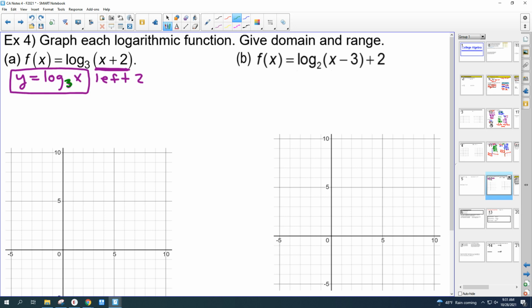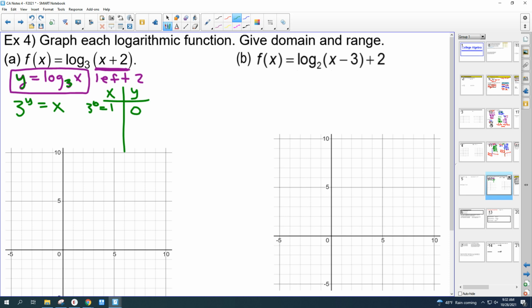I've got a base 3 equals the exponent. So 3 to the y equals x. That's going to be a lot easier. All right. So let's make a table. Notice we're plugging numbers in for y. So y is 0. Maybe you can do this in your head and get 1.